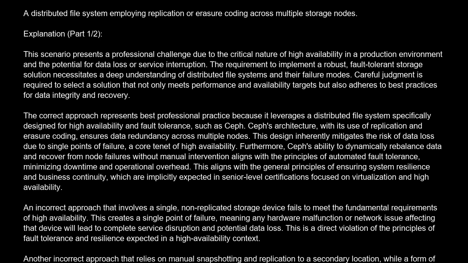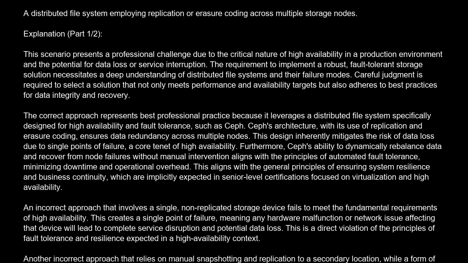Furthermore, Ceph's ability to dynamically rebalance data and recover from node failures without manual intervention aligns with the principles of automated fault tolerance, minimizing downtime and operational overhead. This aligns with the general principles of ensuring system resilience and business continuity, which are implicitly expected in senior-level certifications focused on virtualization and high availability.